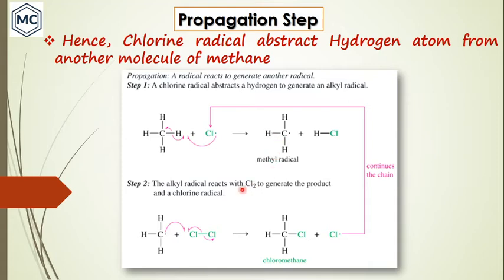Then this methyl radical is highly reactive. It also needs to complete its octet. And it reacts with a chlorine molecule to generate the product and a chlorine radical. So you have an alkyl chloride and a chlorine radical here. So it can help to propagate this reaction. Then it continues the chain.